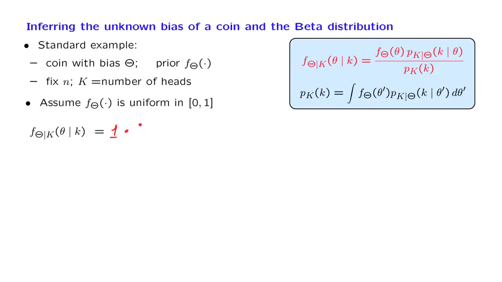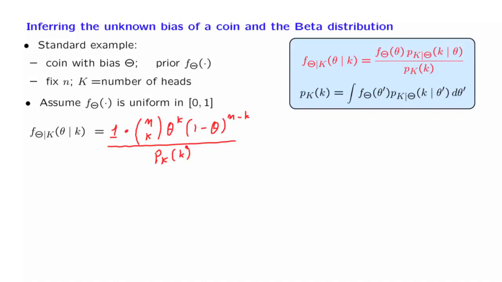But if I tell you the bias of the coin, we're dealing with the usual model of independent coin flips, and the probability of k heads is given by the binomial probabilities, which takes this form. And finally, we have the denominator term, which we do not need to evaluate at this point.